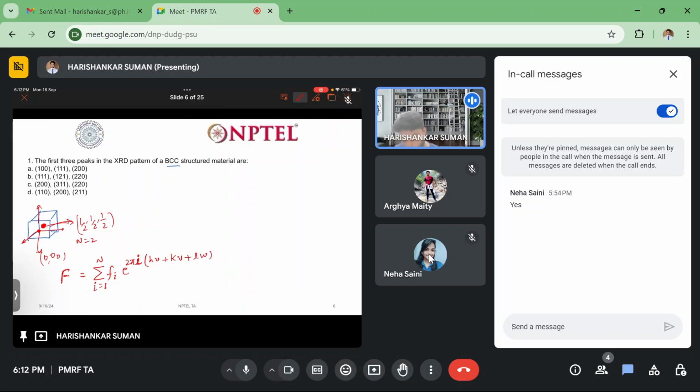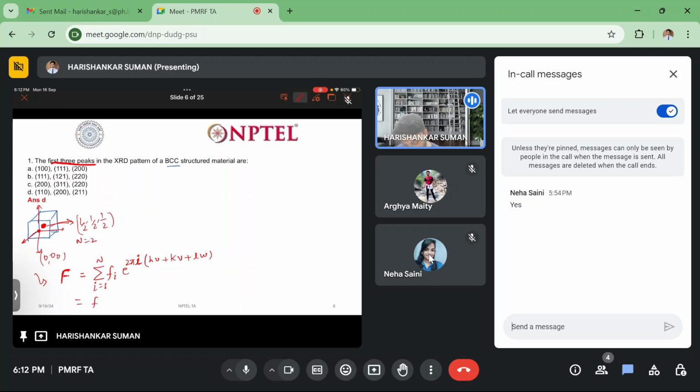This is the formula. Three peaks: how do you choose which peaks are available and which are not? If a peak is available, then the structure factor will not be 0, otherwise it is 0. So put these two atoms in this equation.